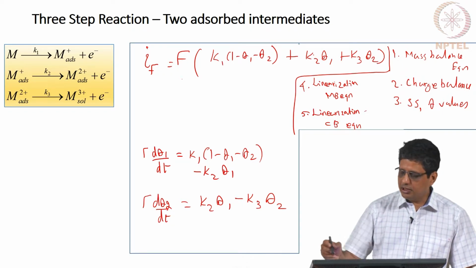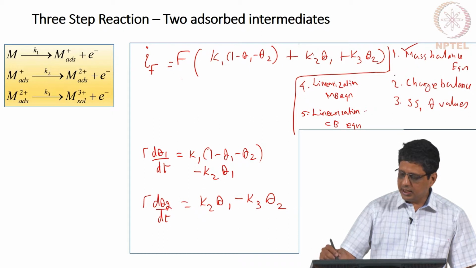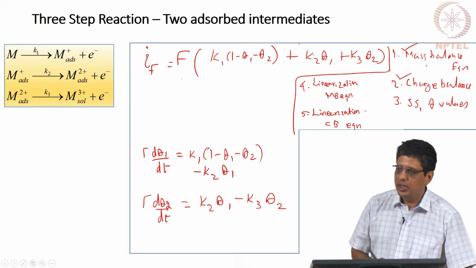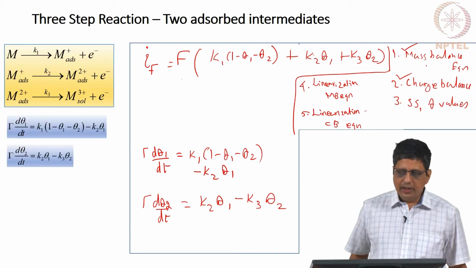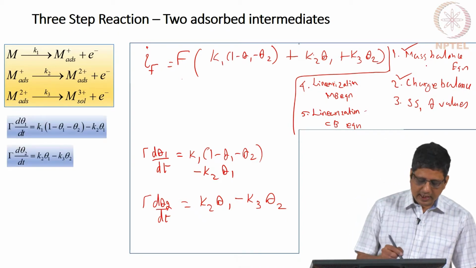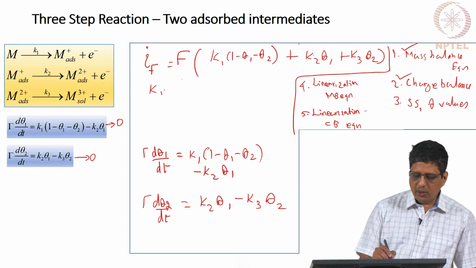So, we had done the first part, we had done the second part, I would like you to do the steady state expression, get the steady state expression. When you want to get the steady state expression, we have to set this equation to 0, set the second equation to 0 and then call K1 as K1 DC because it is at a given DC potential, K2 DC, K3 DC, theta 1 as steady state, theta 2 as steady state.